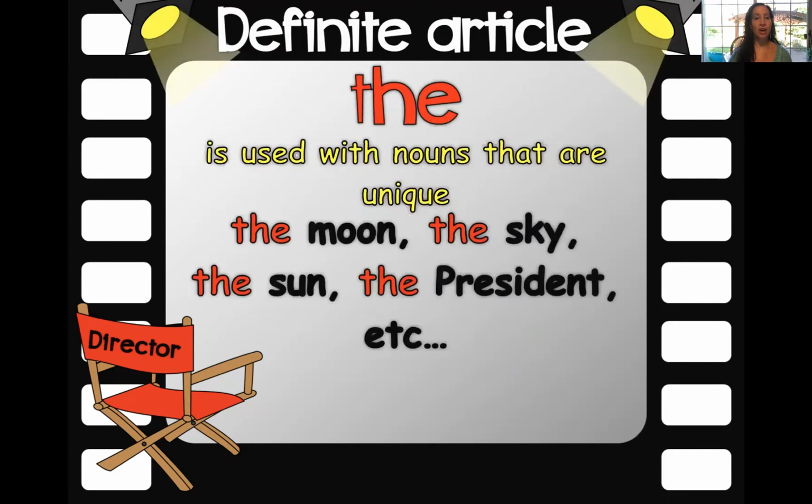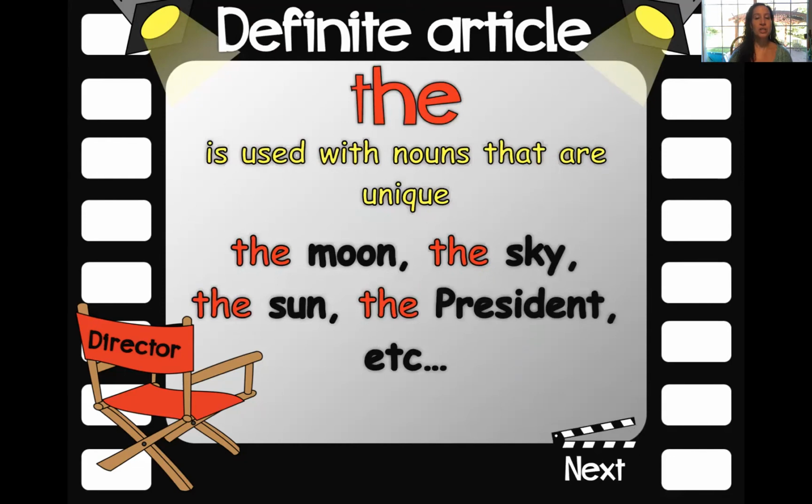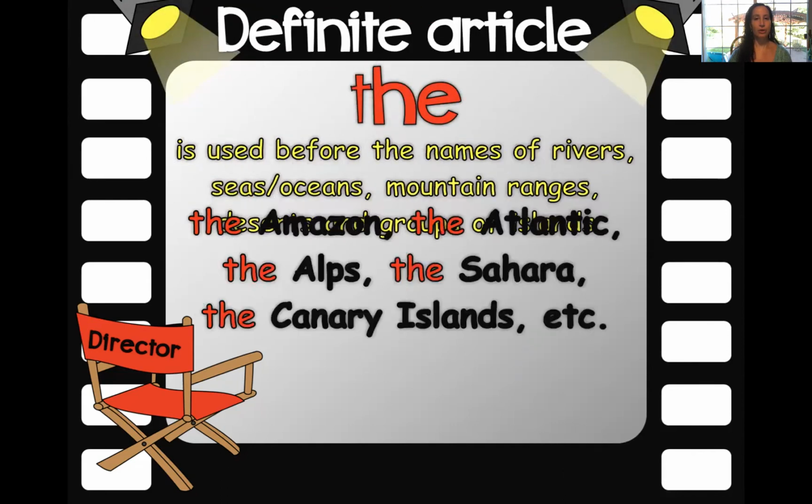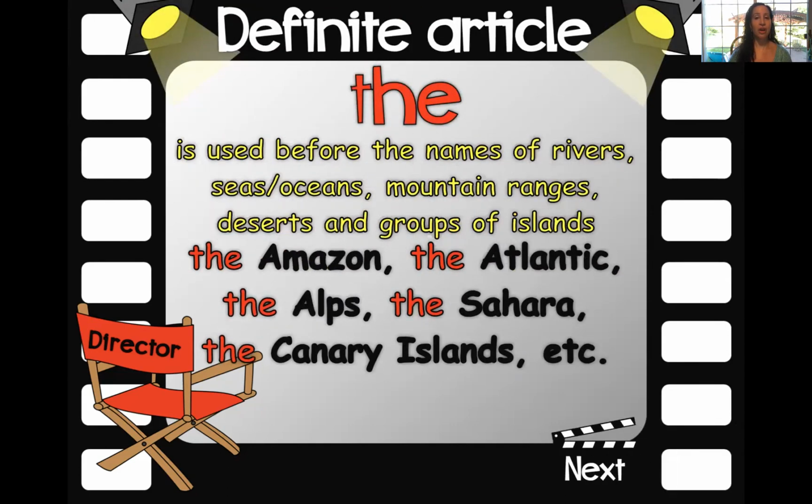Definite article the is used with unique nouns such as the moon, the sky, the sun, the president. We also use the definite article the before the names of rivers, seas, oceans, mountain ranges, deserts, and groups of islands.